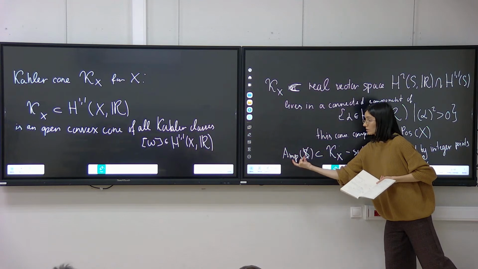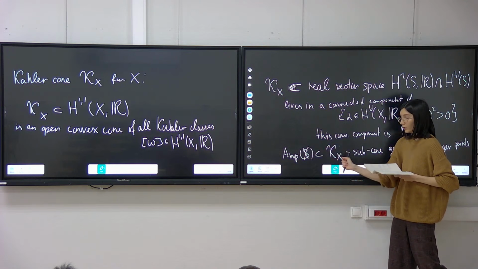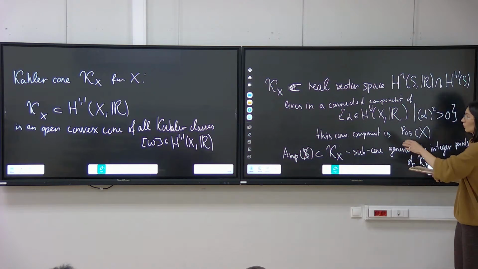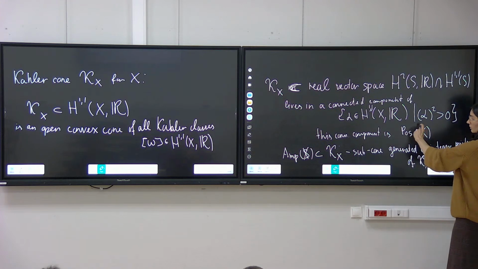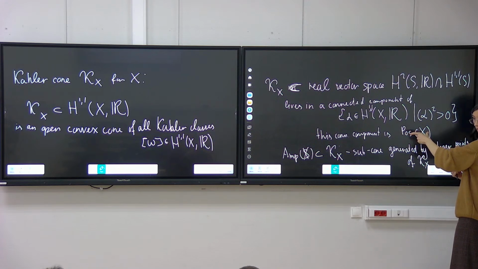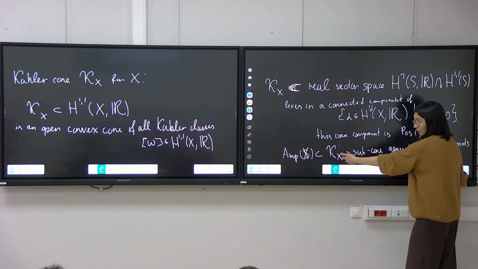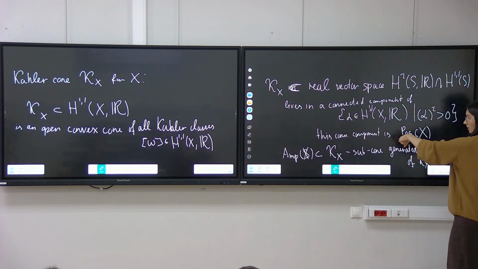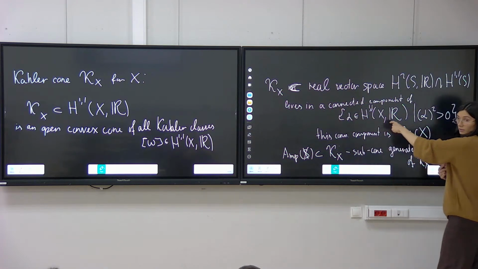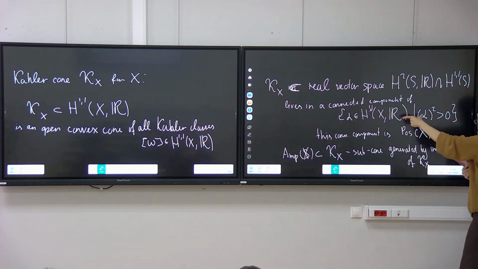But there are some cases when there are no integer points. In general, there are no integer points in the Kähler cone of a K3 surface. That's why this definition of positive cone coincides with the definition that we had before. Because if we have ample line bundles, the corresponding cone, if non-empty, is contained in K_X, so we can consider the corresponding connected component, and this is a positive cone, as before.